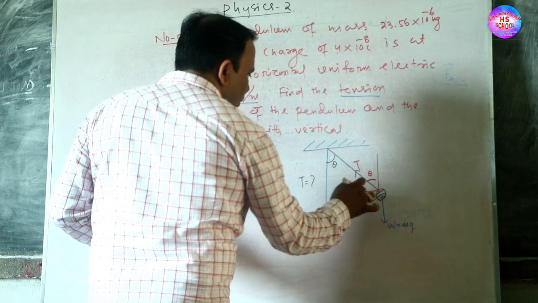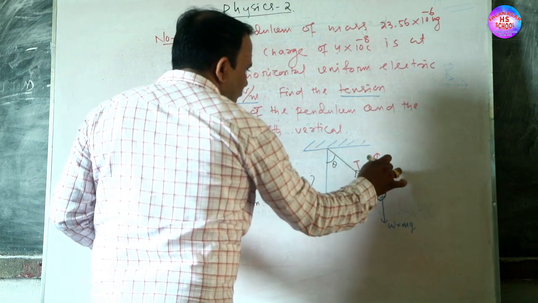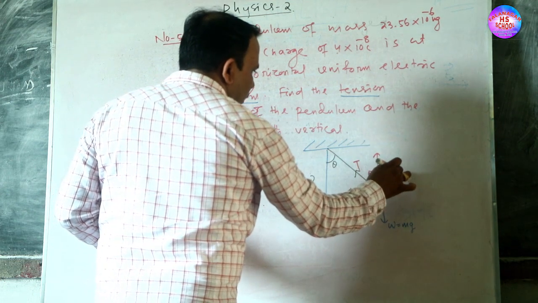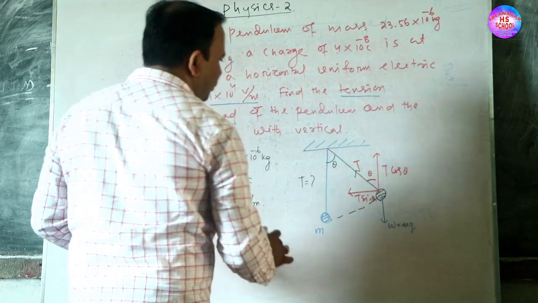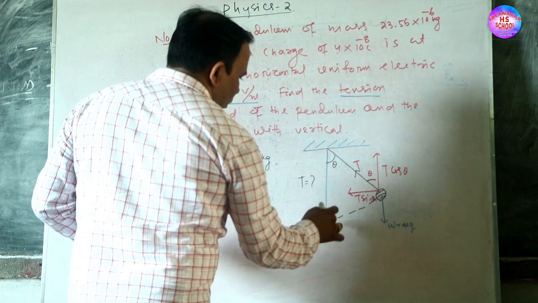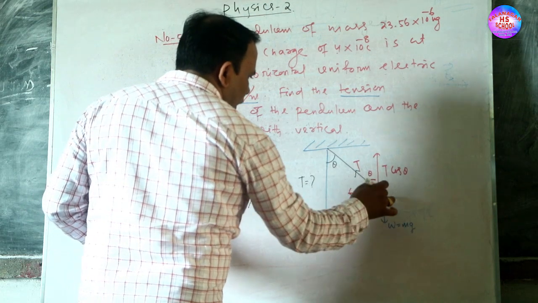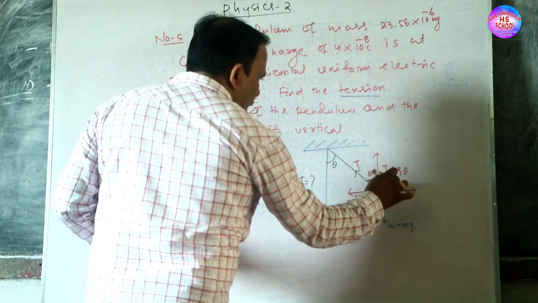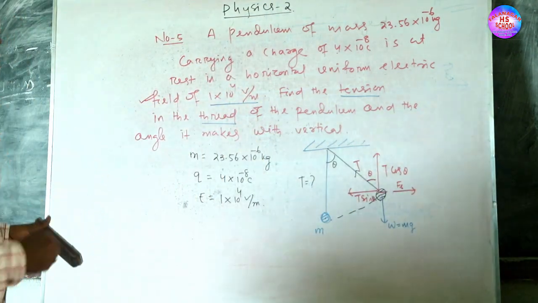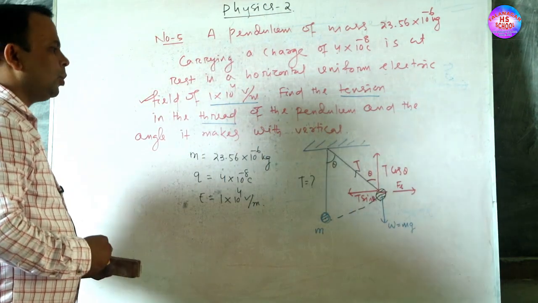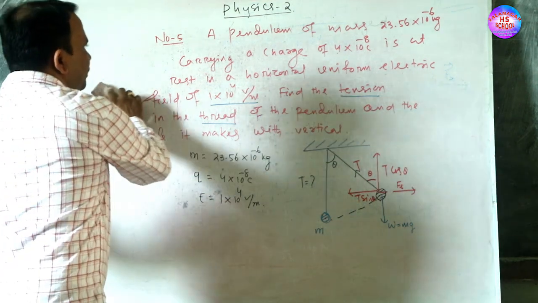It has two components. One is T cos theta and this is T sin theta. When it is placed in the electric field, an electrostatic force is there.